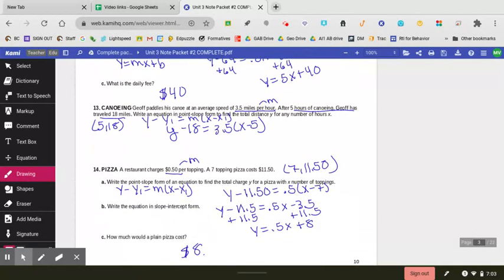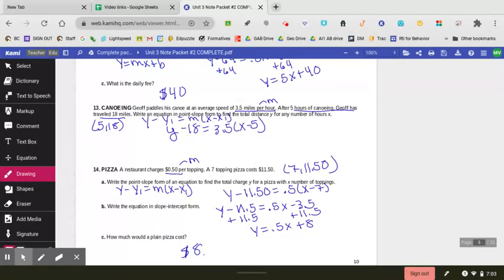Number 13, my slope is 3.5 miles per hour. 5 hours of canoeing is 18 miles, so that's the point (5, 18). I use y minus y1 equals m times (x minus x1), so it's y minus 18 equals 3.5 (x minus 5). Number 14, my slope is 50 cents per topping, and my point is 7 toppings for $11.50.